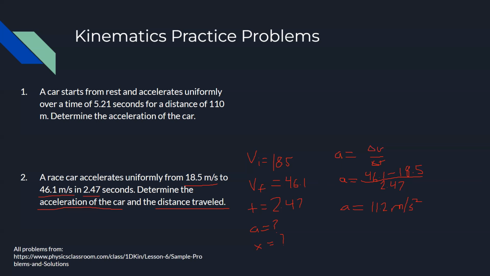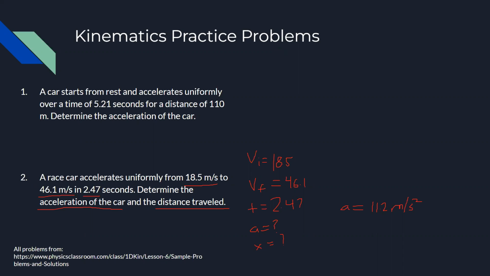So now that we know acceleration, I'll erase that out, and then let's solve for x, or position. So let's try to find an equation that may be able to solve for this.